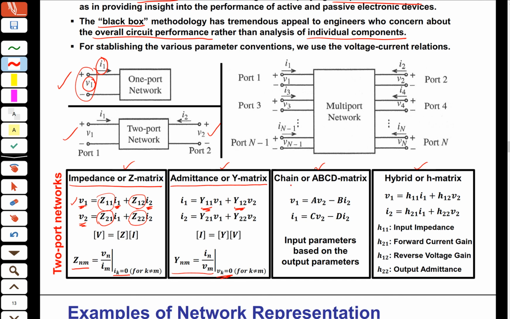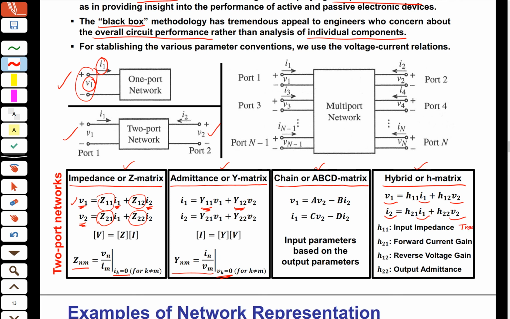So the ABCD matrix we define like this. And for the H matrix, we define voltage 1 based on current 1 and voltage 2, and current 2 based on current 1 and voltage 2. This is mainly used in the characterization of transistors, the low frequency model of the transistor.